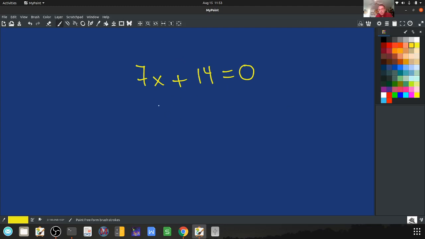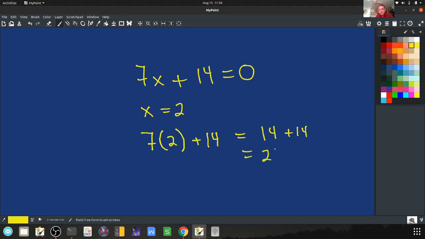But notice that if I say let x be equal to 2, then if I plug in the value of 2 for x, I get 7 times 2 plus 14 is equal to 14 plus 14, which is equal to 28.